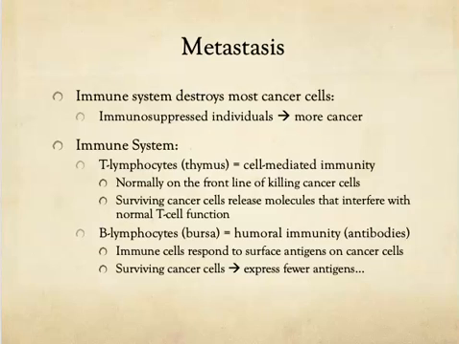We know that people who suffer with HIV and AIDS will develop more cancers, for example, than normal healthy people. The immune system is basically composed of two different and interacting systems. What we call innate immunity or cell-mediated immunity, and what we call adaptive immunity or humoral immunity.